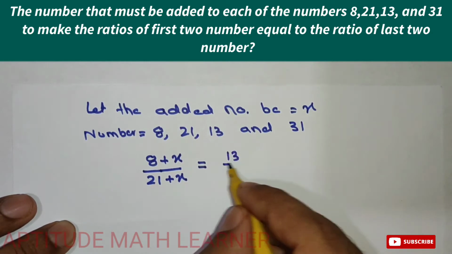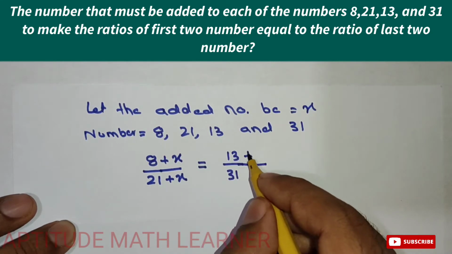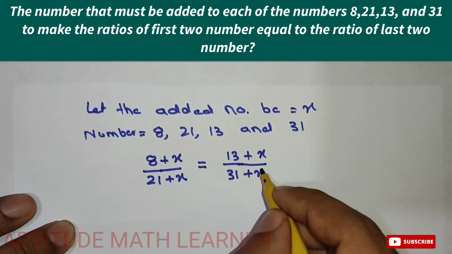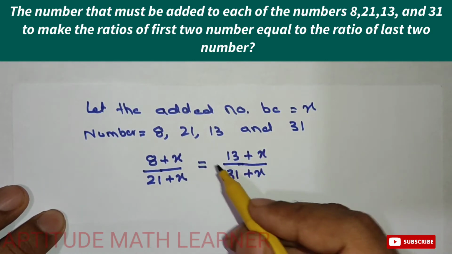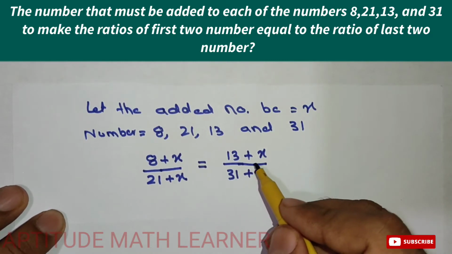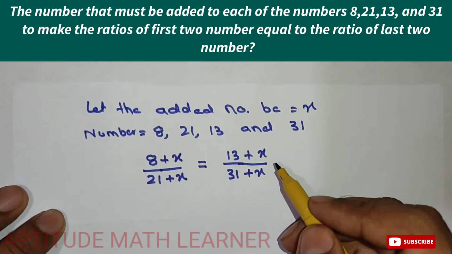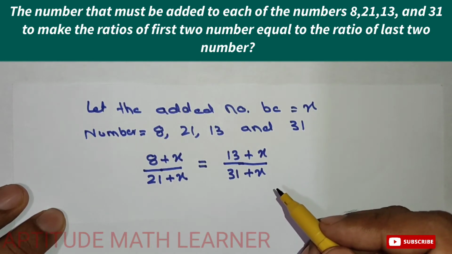We also add x because it says the number is to be added to each of these numbers. It means that to all four numbers we have to add the number which we have to find out. And what is the number? So let's try to solve it.